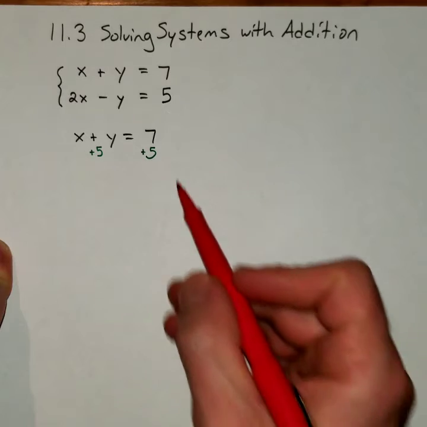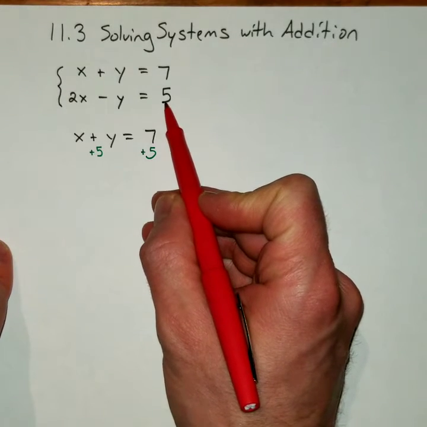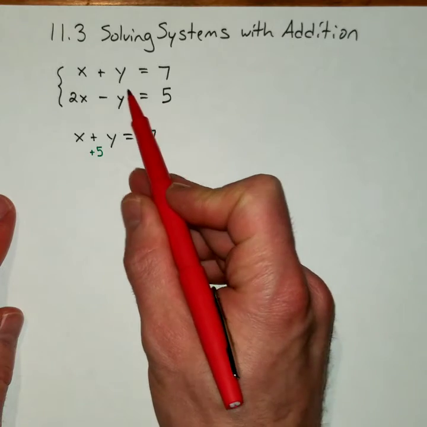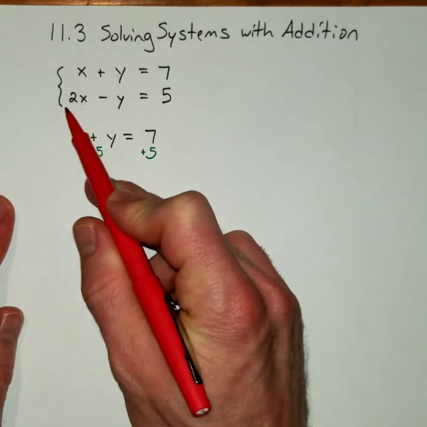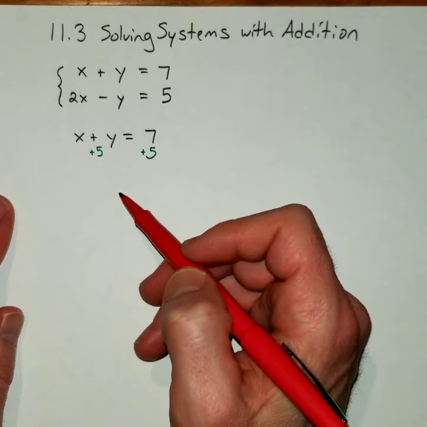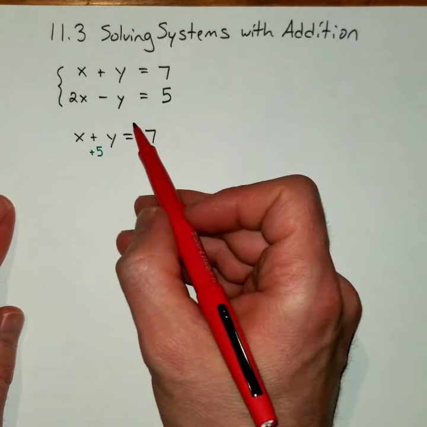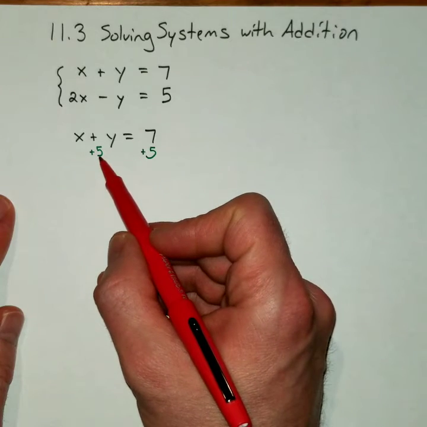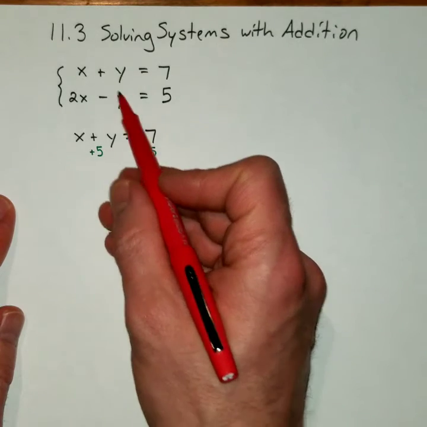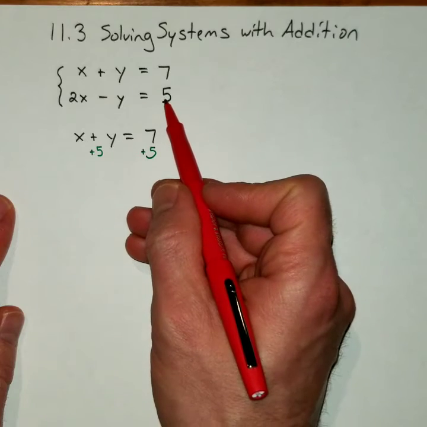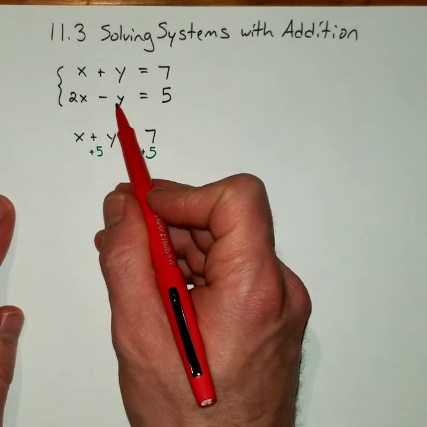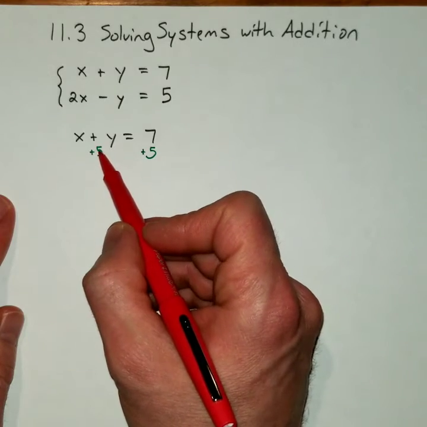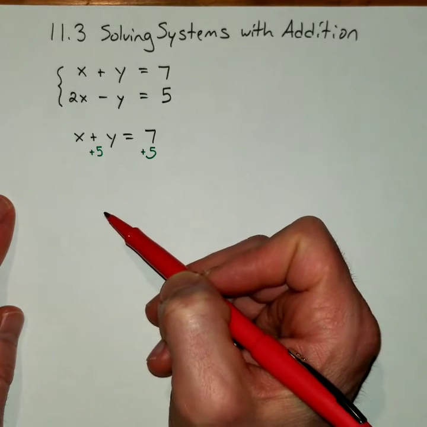And the reason is this. I have a 5 in the other equation up here. And that 5 is equal to some other stuff. Now, one thing we know about equations is that you can always substitute for something other things that it's equal to. So this 5 is equal to 2x minus y. So anywhere there's a 5, I can replace the 5 with 2x minus y.